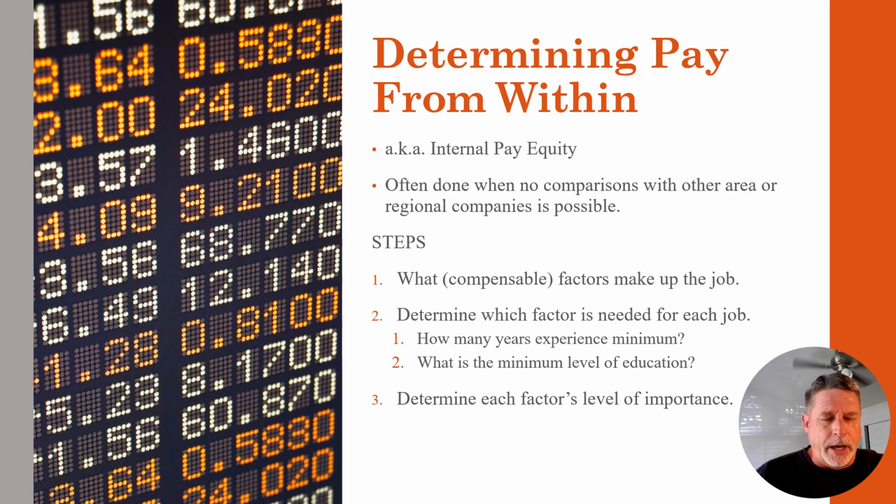Basically, step number one, if you're going to try and determine the starting wage or the starting pay range for a given job, is you've got to determine what factors make up the job, okay? By compensable factors, what I'm referring to are things that are very important to the job that can influence compensation. Keep that in mind. That might be a good quiz question sometime.